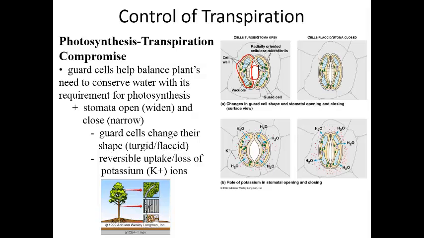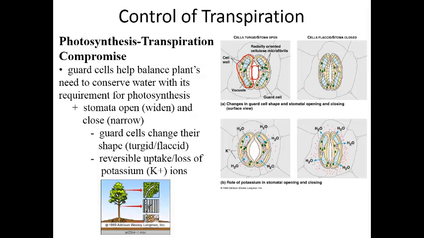Stomata are going to open on cool, wet days. Stomata are going to close on hot, dry, or windy days. Right? Those are the three factors that are really going to increase the amount of transpiration that takes place. Heat, dryness, and wind increase the amount of transpiration.